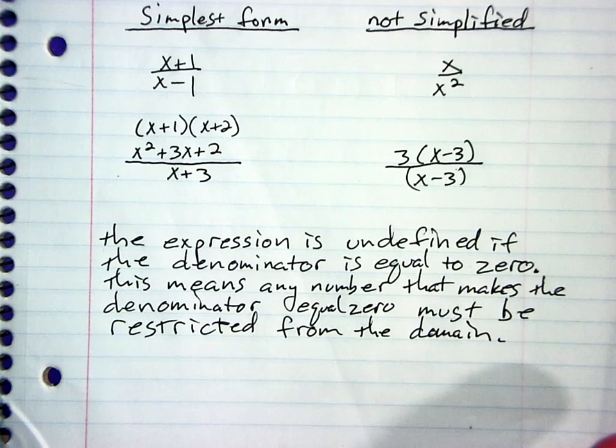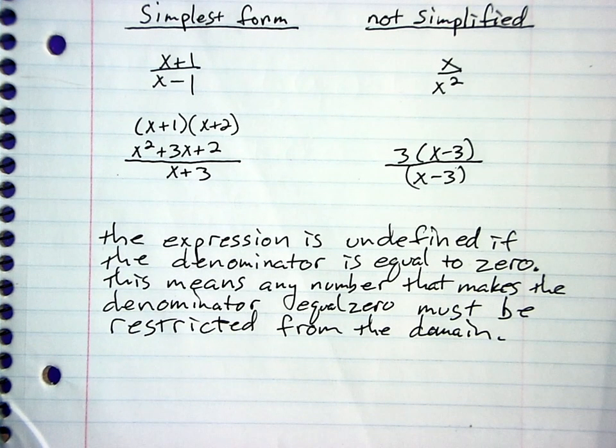So while you're finishing writing that, you're not allowed to have 0 in the bottom of a fraction. If you did 3 divided by 0 on a calculator, it would say syntax error. You're not allowed to do it. You can have 0 in the numerator, 0 up top, but you can't have 0 in the bottom.